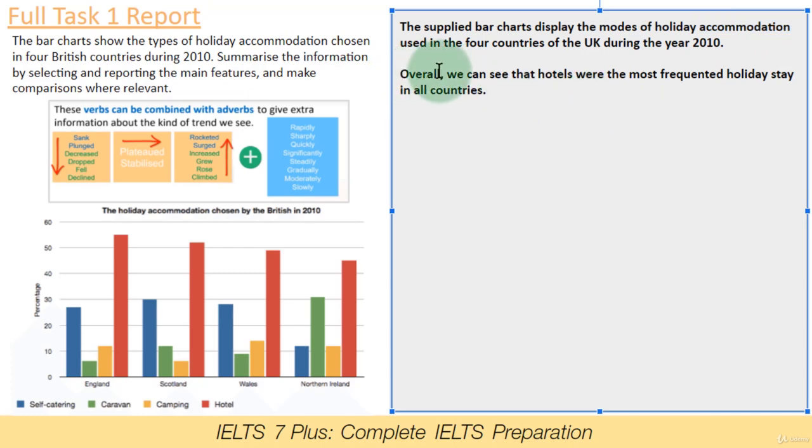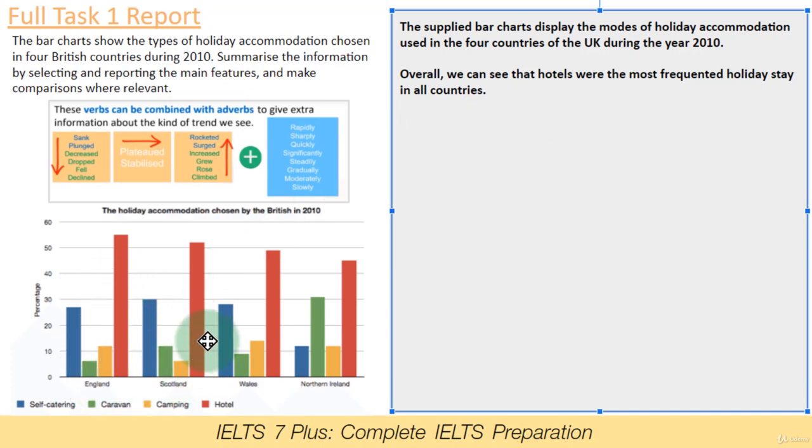Let's read this back. Overall, we can see that hotels were the most frequented holiday stay in all countries. Perfectly fine. Gives the big picture. Doesn't give any figures though. No numbers or percentages given. Just gives the overall big message of the data. Okay, so let's begin with Group 1. And you remember that Group 1 is England and Scotland.